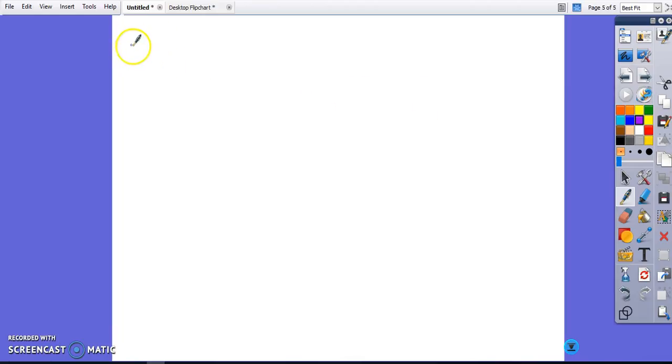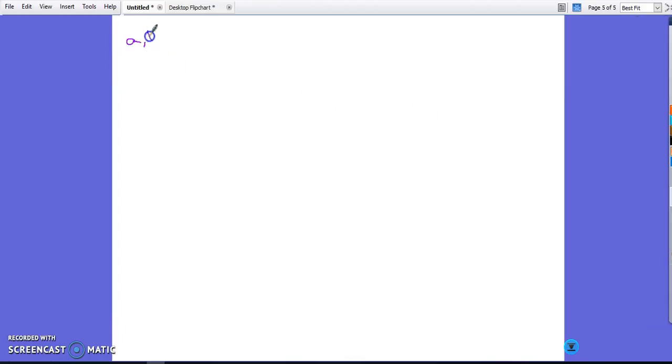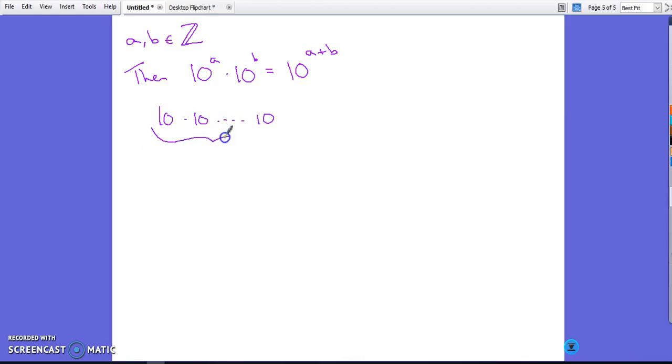So, if A and B are integers, then 10 to the power of A times 10 to the power of B is equal to 10 to the power of A plus B. And it's really easy to see how this works, because if we wrote this out, we'd have 10 times 10 times 10, A times, times 10 times 10 times 10, however many times B is, so that's B times.